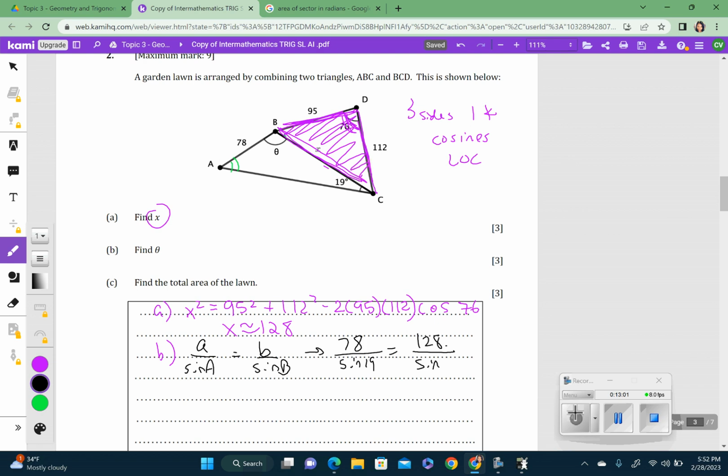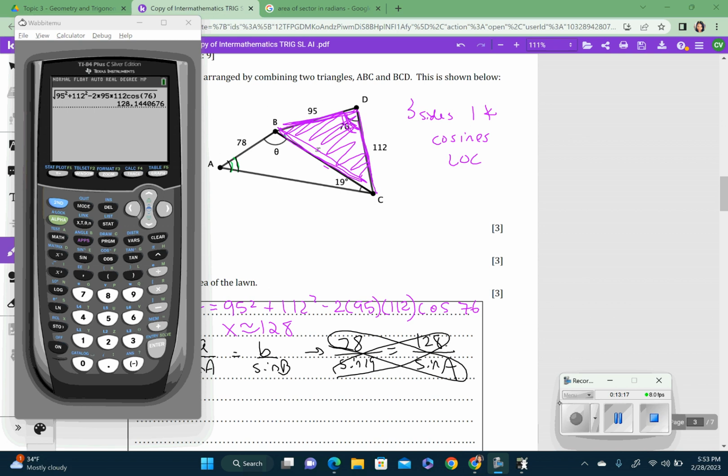So we're looking for this angle right here. Technically this is angle A, right? So let's call this angle A. All right. So you cross multiply here. I'm going to do the 128, which is my answer. So I'm going to go up here and grab it, and I'm going to multiply it by the sine of 19. So sine of 19. I'm going to close those parentheses and then hit enter, right?